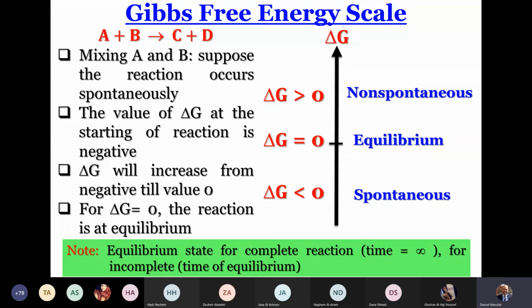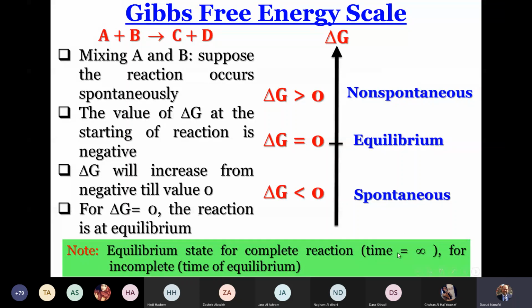So delta G will increase in the negative values to reach delta G equals 0. And when delta G equals 0, we cannot say the reaction will stop. We say the reaction is at equilibrium.